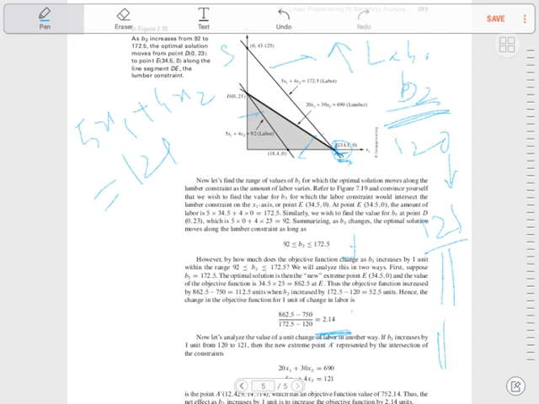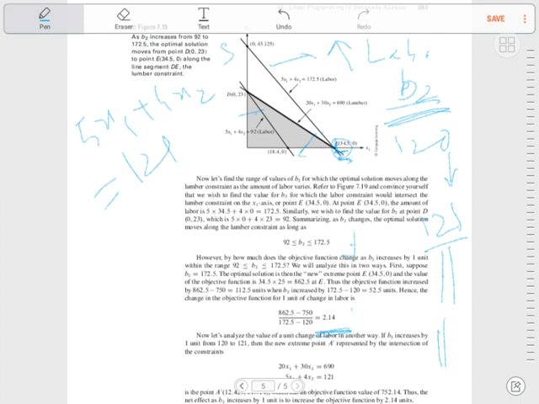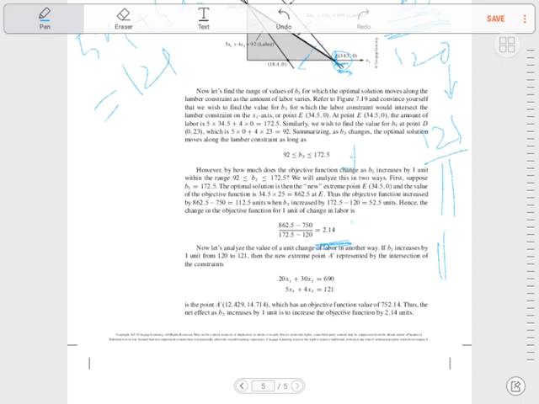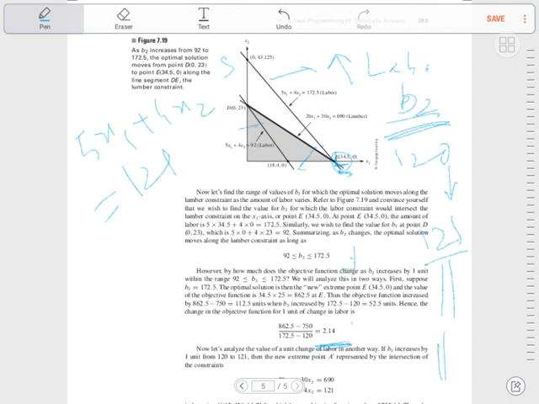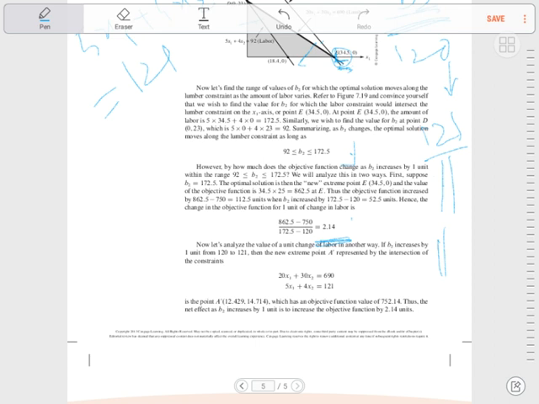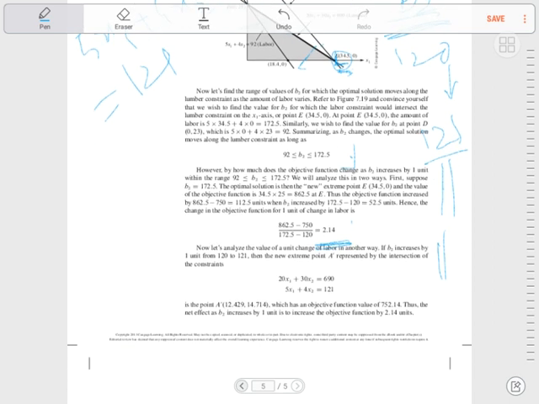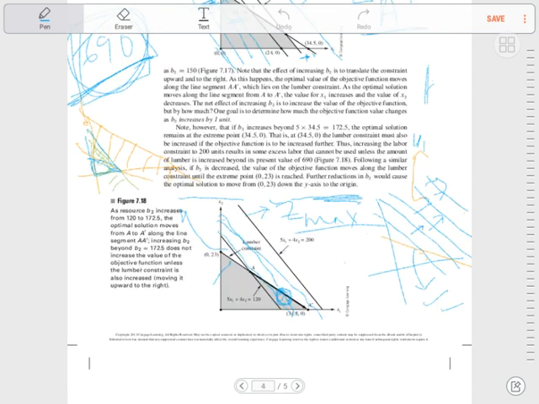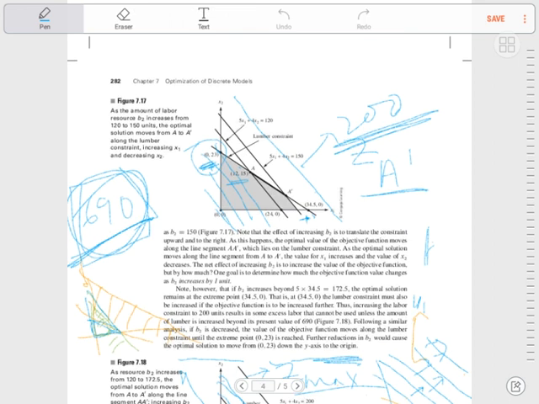With that we can get another extreme point here. Actually this figure is not shown here, so let me go into the other figure and consider it separately.